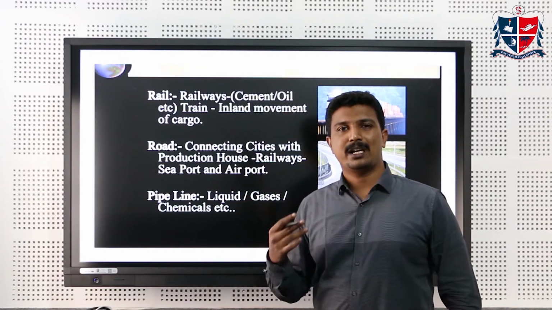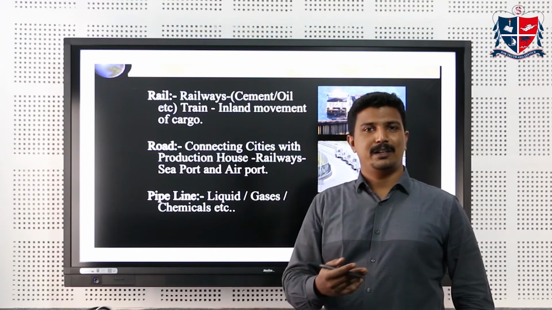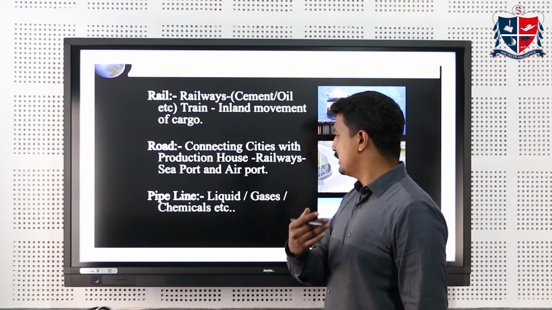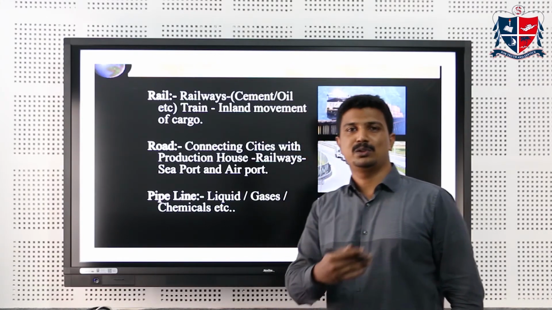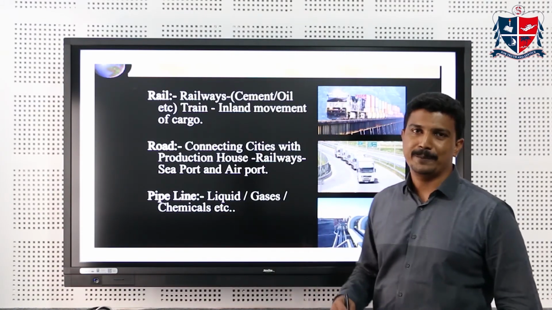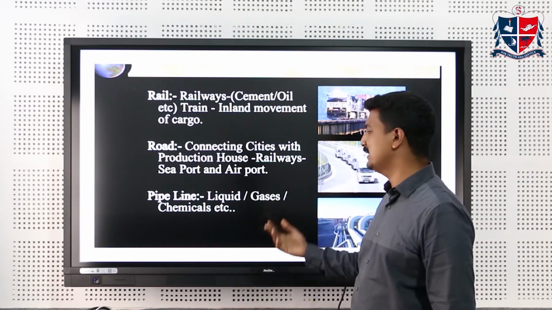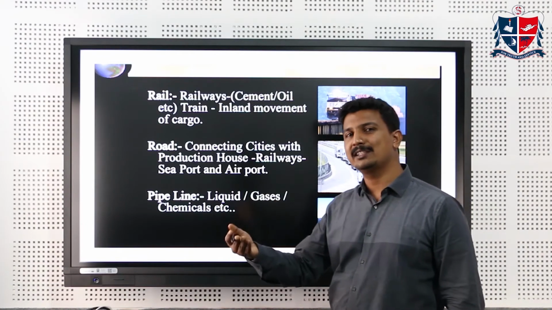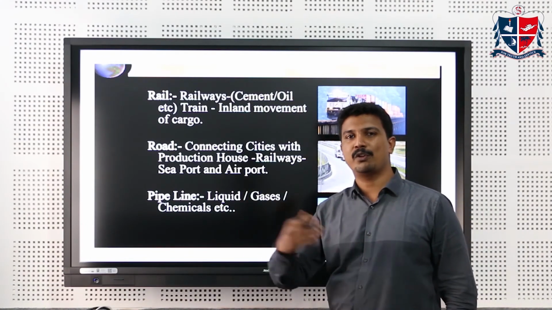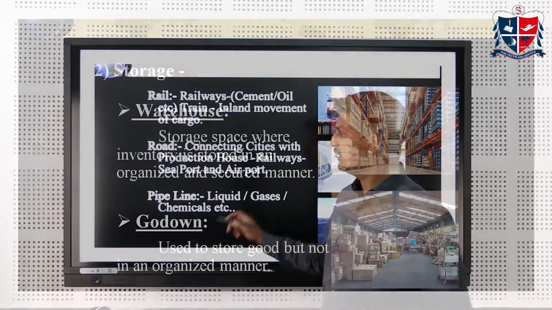This cargo is shipped through special ships which have dome-shaped hatches, and they offload the cargo to the LNG terminal in Puduvai using pipelines only. Liquefied natural gas is a gas, but they compress the gas into a liquid, and it's in the form of liquid only that they transfer the cargo from one place to another. So these are all the modes of transportation.